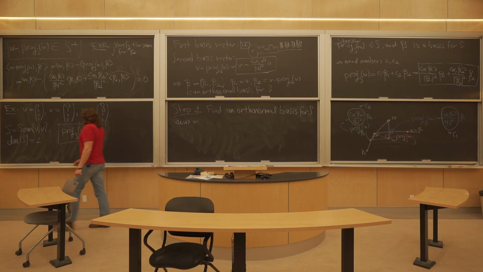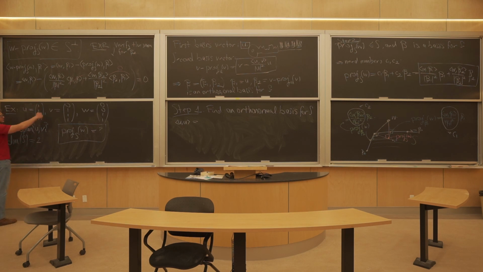What is this? So this is 1 times 1 plus 1 times 1, and so on, gives you 4. U against V, 1 times 0 plus 1 times 1 plus 1 times 1 plus 1 times 1 is 3. And in particular, I see that U and V are not perpendicular to each other, right? Their inner product is not 0. And then V against V is going to be 3.